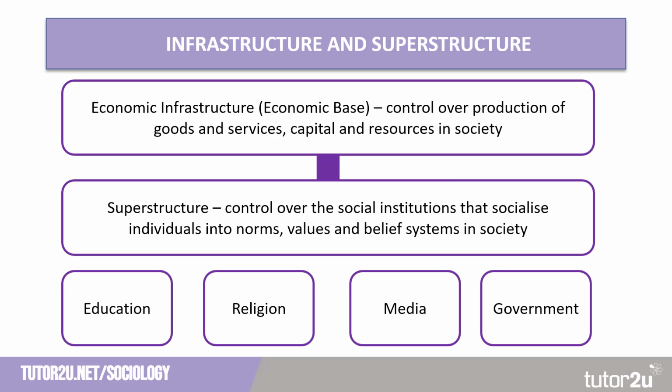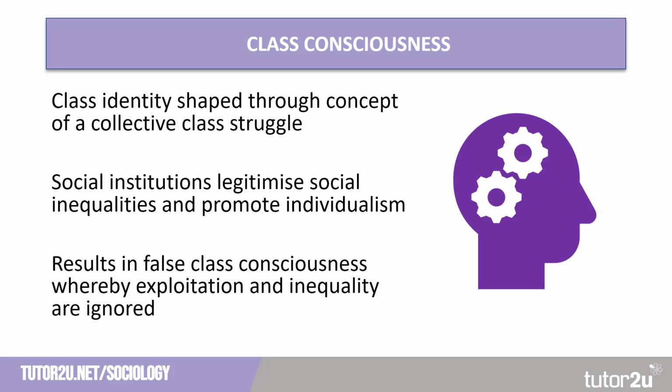These institutions control individuals and make them unaware of the exploitation they face, and this reduces cohesion amongst social classes. And this, according to Marx, is how the unequal system is able to continue. He argued that for individuals to define themselves as being part of a social class was a result of a collective class struggle, being able to see their own experiences in others and bonding them together to overthrow the chains of their oppression.